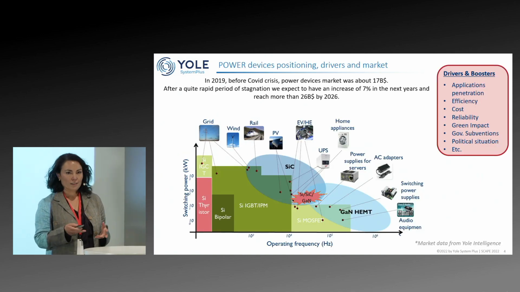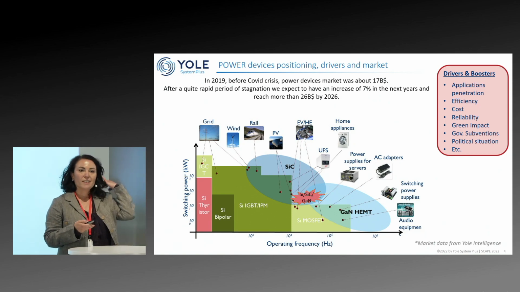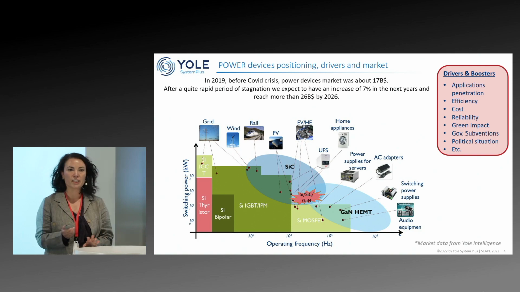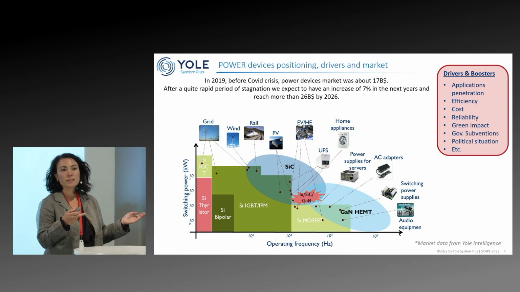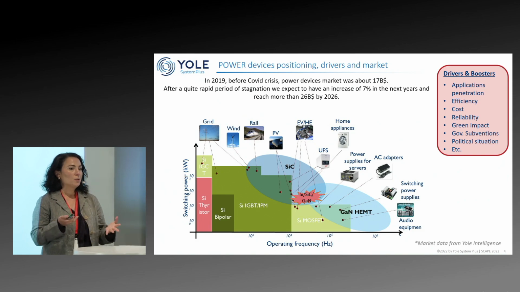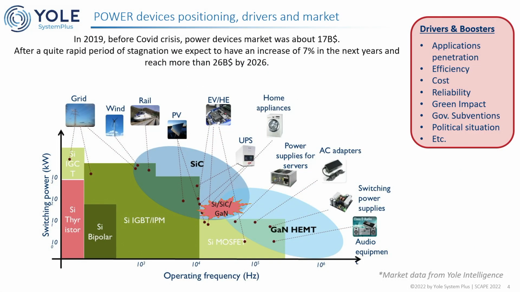So, as we already saw, this is the mapping of the topology of devices that we can find on the market according to the operating frequencies and the switching power.